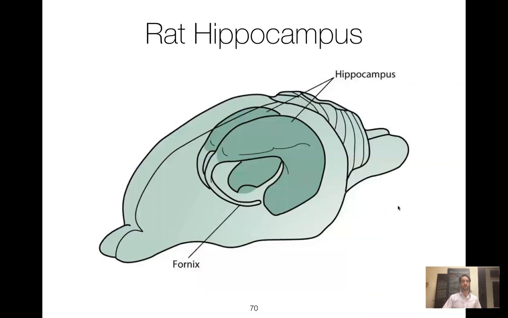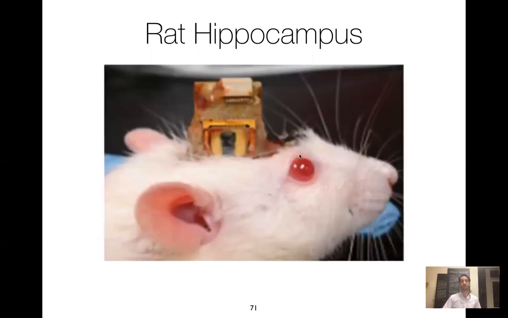And this is the big bilateral hippocampus in rats. This is worth pointing out, because a lot of what people have learned about the role of the hippocampus in navigation initially comes from studies of the rat hippocampus.